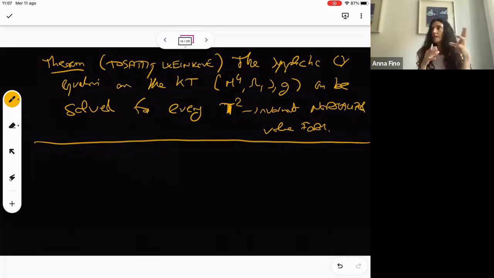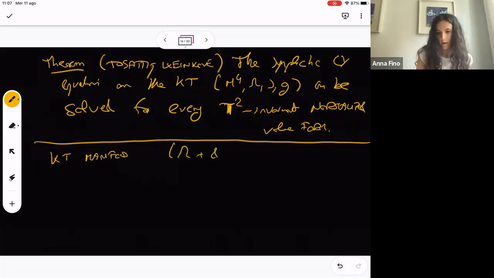There are some results, some attempts to show that, but essentially you don't have it. That's the main problem. But the nice thing here is that we reduce the problem to not a complex Monge-Ampère equation anymore, but a real Monge-Ampère equation in this way. Let's start with the Kodaira-Thurston surface, manifold, with that choice of omega. Okay, this is the problem, right?